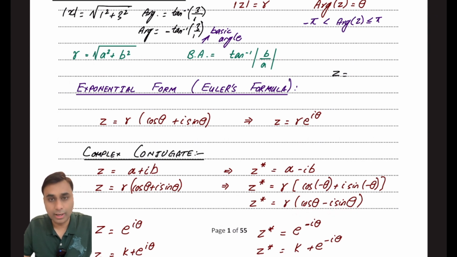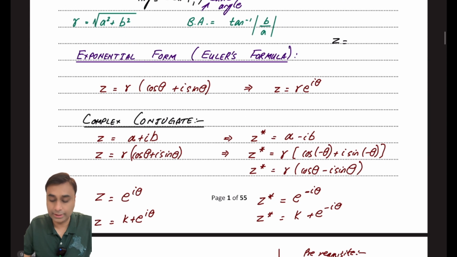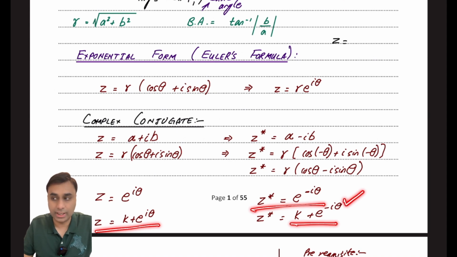And if you have Euler's form or exponential form of a complex number, then its conjugate is going to have its angle reversed. So if z is e power iota theta, z conjugate would be e power minus iota theta. Or if z is k plus e power iota theta, then its conjugate is going to be k plus e power minus iota theta, only the angle will have its sign changed.